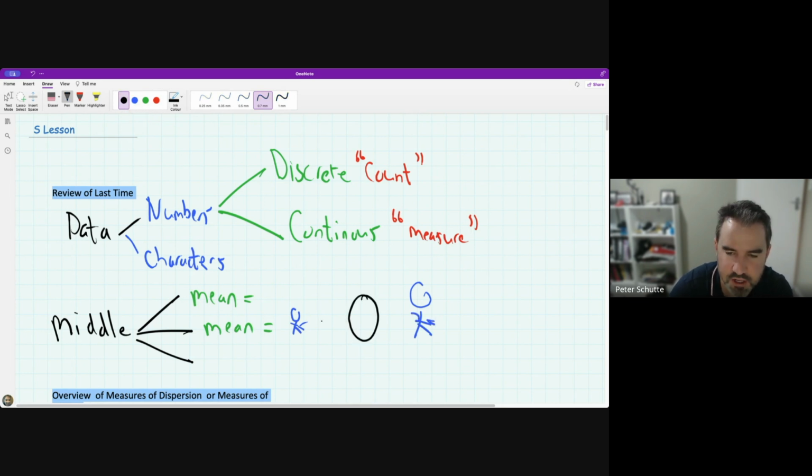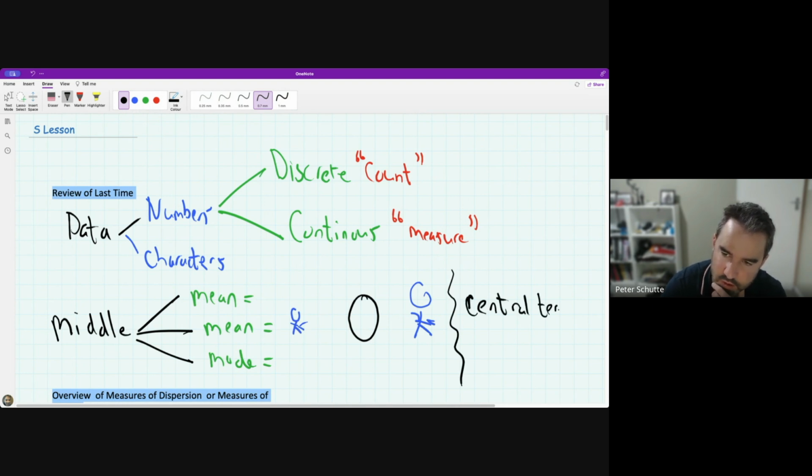So with this one, you really do have to go from smallest to biggest. Your data must be ranked. And then the other way of finding where the middle is, is what's called a mode, the one that occurs the most often. And the fancy word for all of this is central tendency. So where is the middle, or central tendency?